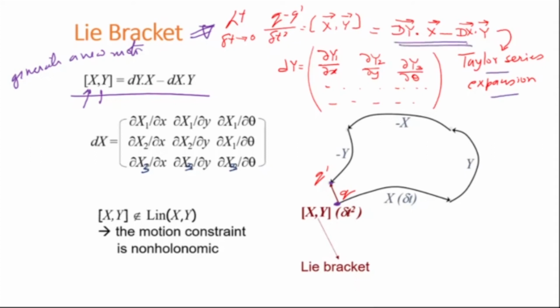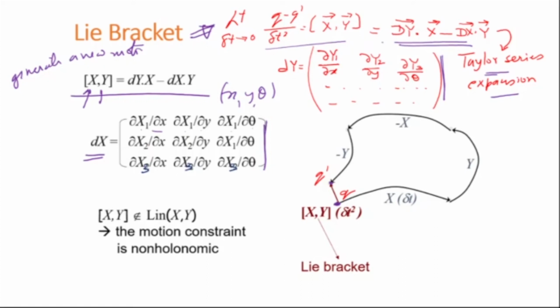So I use the Taylor series expansion on this, and I get dy into x minus dx into y, where dx is equal to dx1 by dx, dx1 by dy, dx1 by d theta. In our case, remember, for the car, it is x, y, and theta. These are the three variables that are there. Then x2 and x3. So this is my dx. Similarly, dy is dy1 by dx, dy2 by dy, and dy3 by d theta.